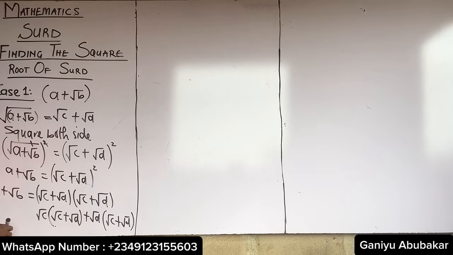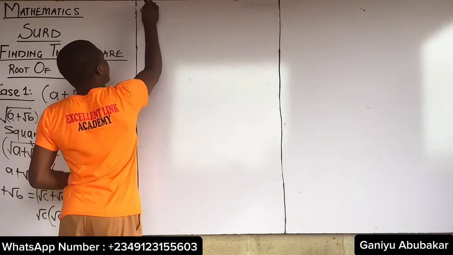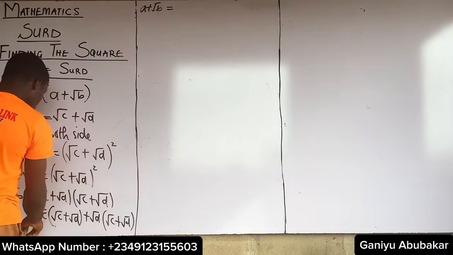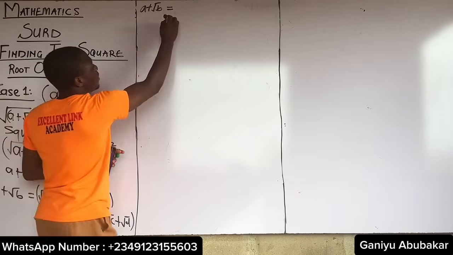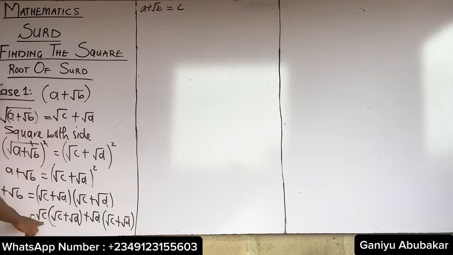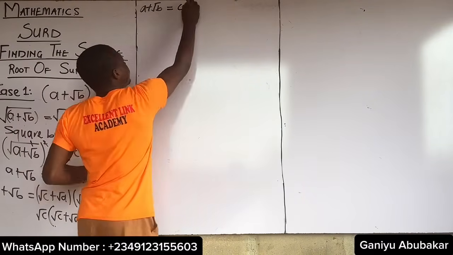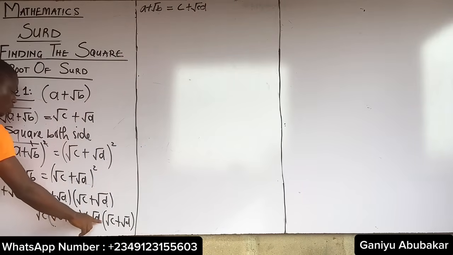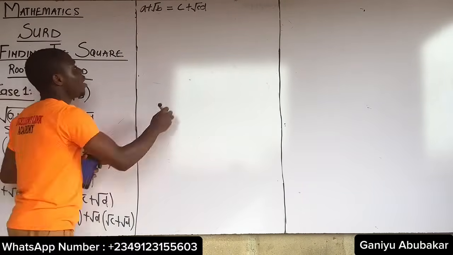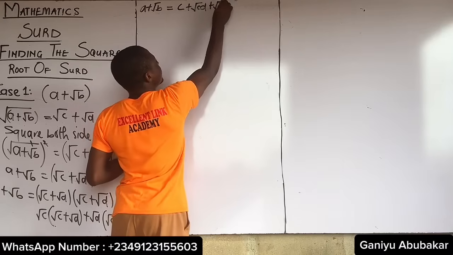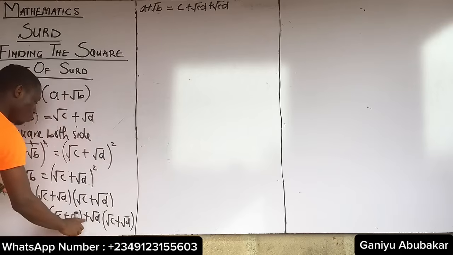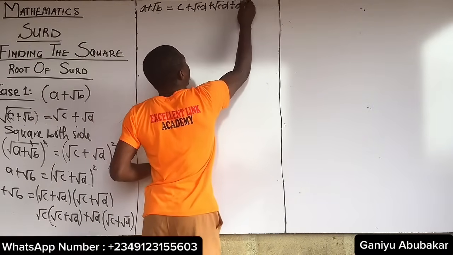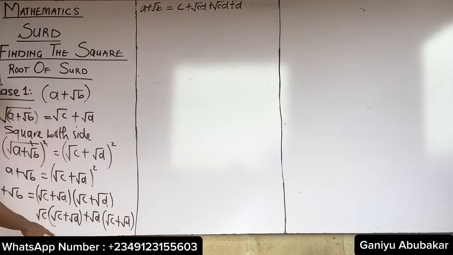From here, a plus root b is equal to root c times root c, which gives c. Next, root c times root d gives plus root cd. Then root d times root c gives plus root cd. Then root d times root d gives plus d after expanding.